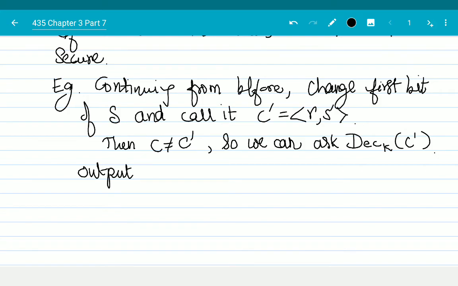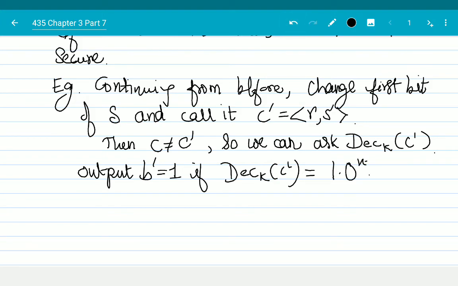Output b prime equal to 1 if Dec_k(c prime) is equal to 1, 0^(n-1). Output b prime equal to 0 otherwise.